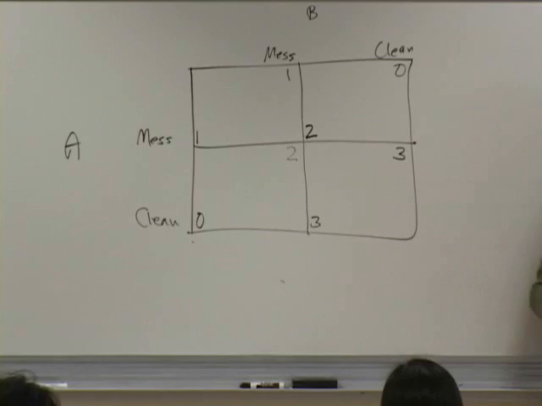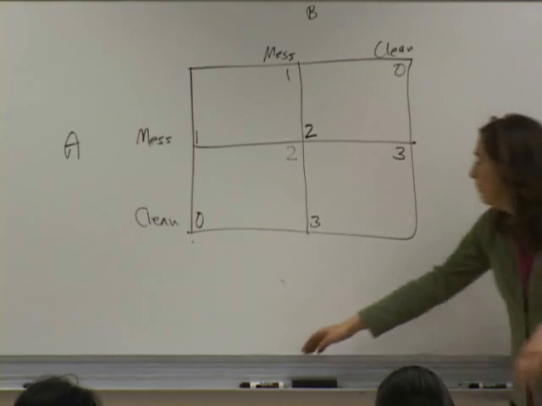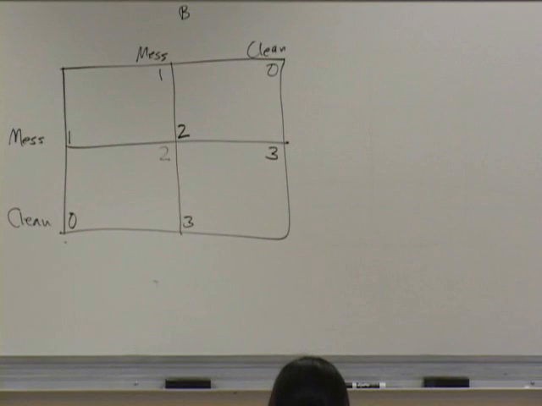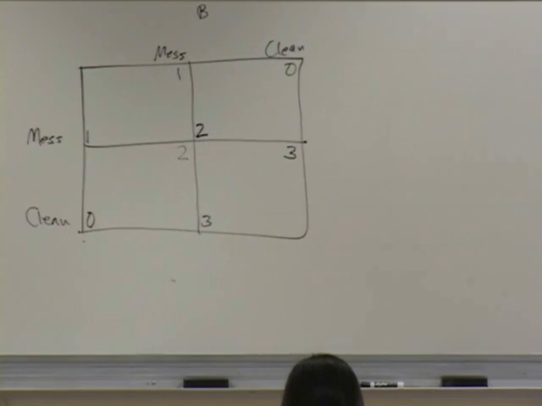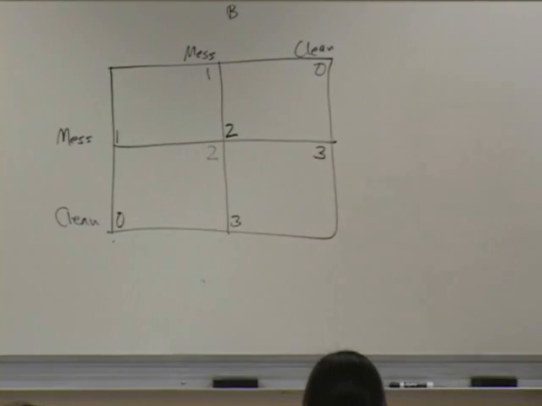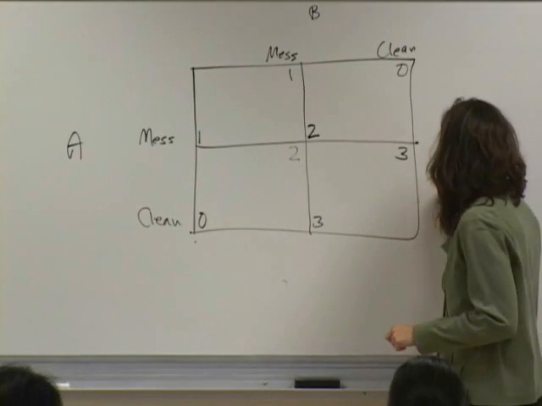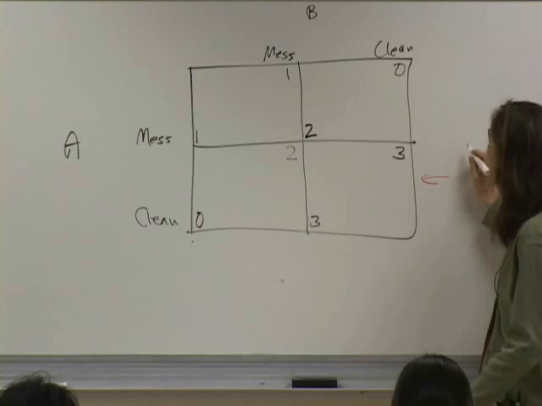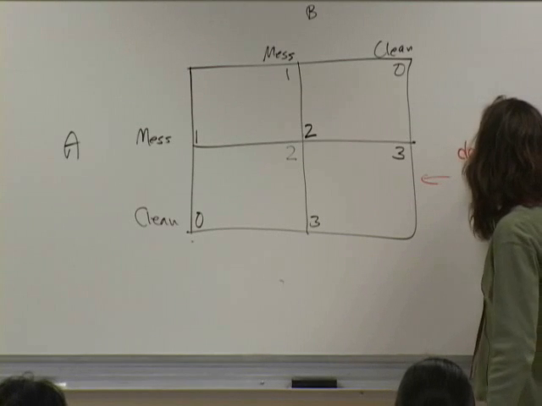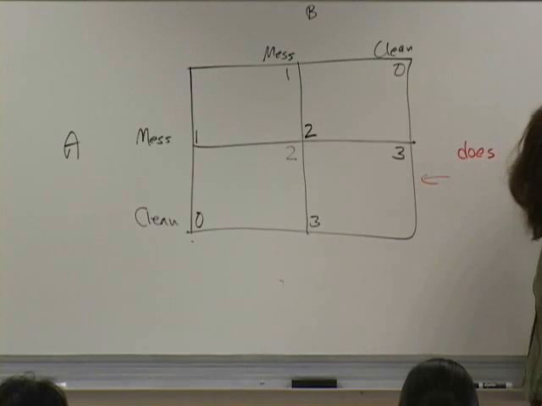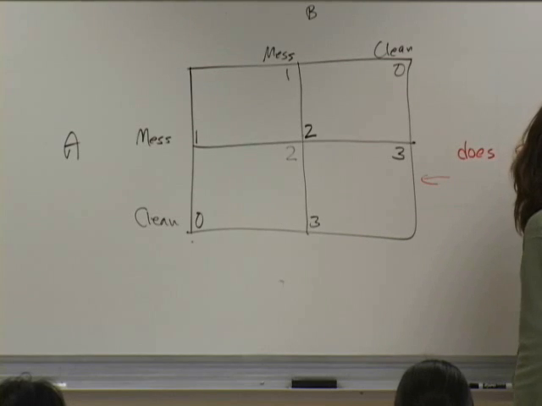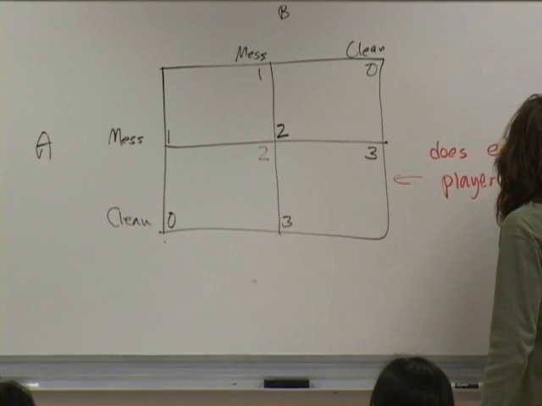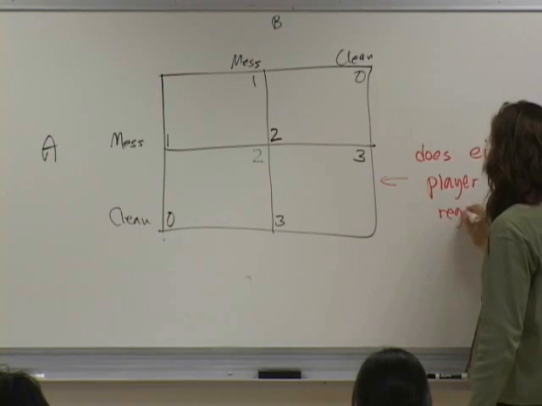In this game, this is a happier game. Look at this cell, the 3-3 cell, the reward cell. Say we're here. If we are here, the question to ask is, does either player have regrets?